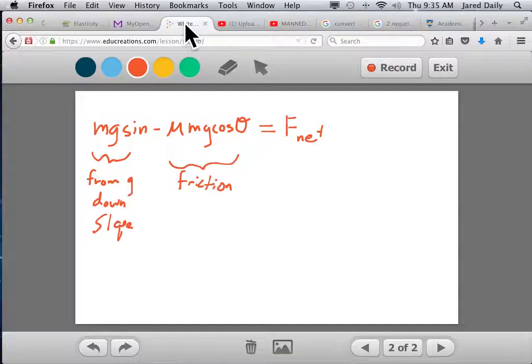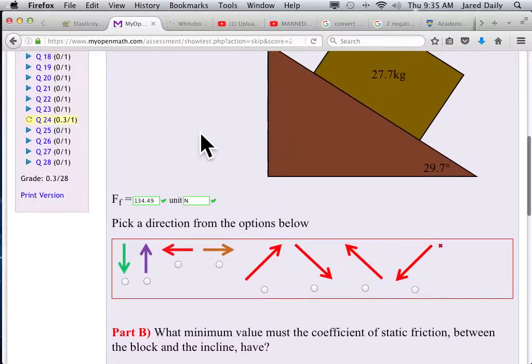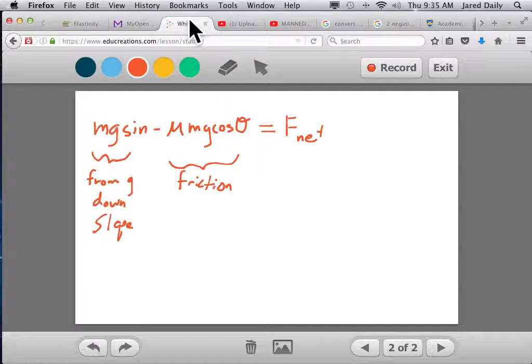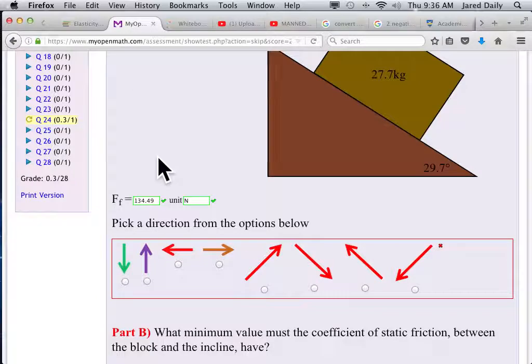So 0.03 is our mu. Then we multiply that times mass again, times 27.7, times g, 9.8, times the cosine now of theta, which was 29.7. And then we do the math. And I got 127.4. Hopefully I got that right.